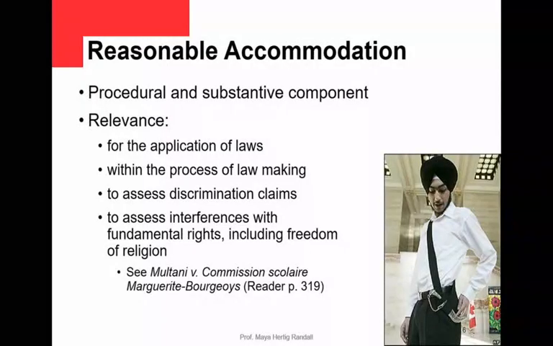It's a case brought under freedom of religion, but we will find reasonable accommodation as being important there as well. Maybe we can already look at that. Did anyone see how reasonable accommodation appeared in that case? How the court took it into account in a freedom of religion case?